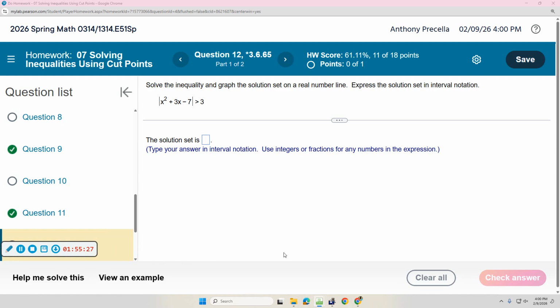Okay. Absolute value of x squared plus 3x minus 7 is greater than 3. You know what, Tim? I'll do this one. Since I haven't written anything today, I've got to practice my penmanship, even though it's not as good as yours.